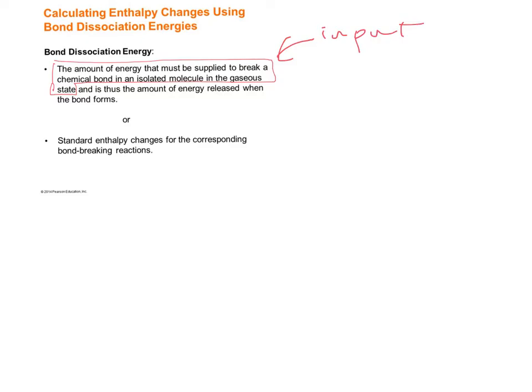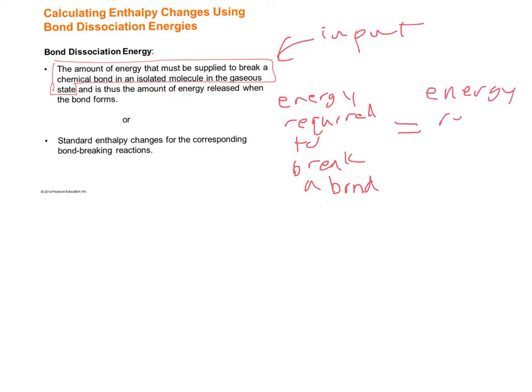Therefore, it makes sense that bond dissociation energy is going to require an input of energy. The energy required to break a bond is equal to the energy released when the bond is formed.